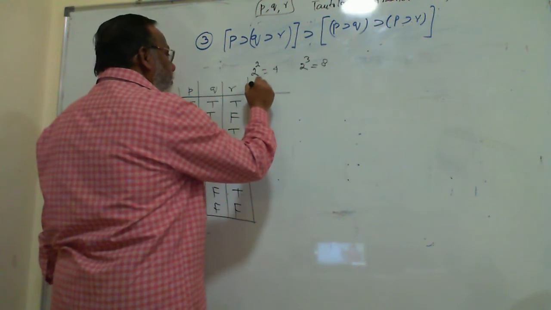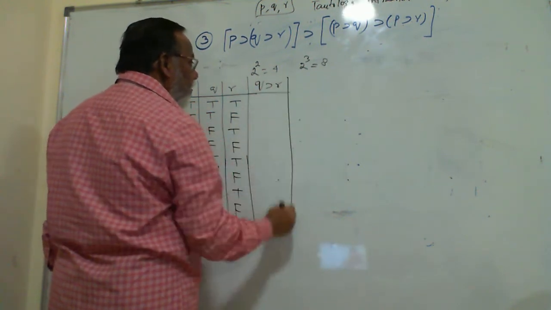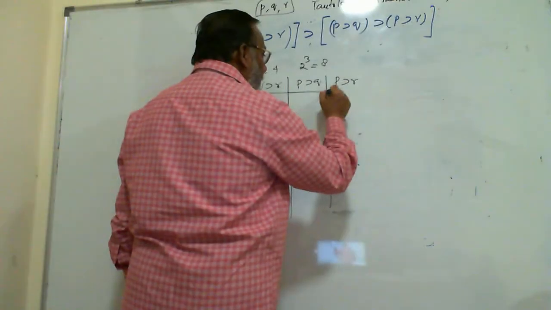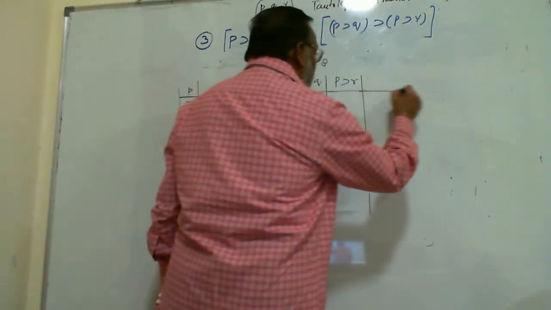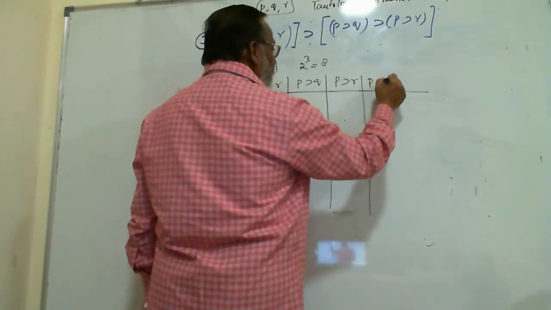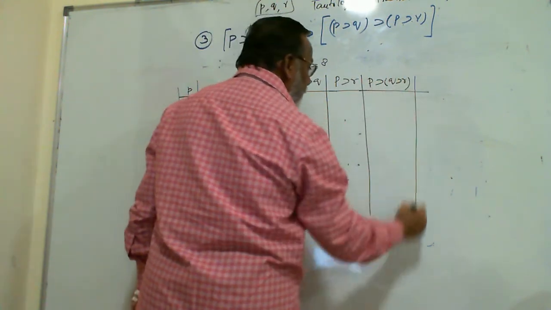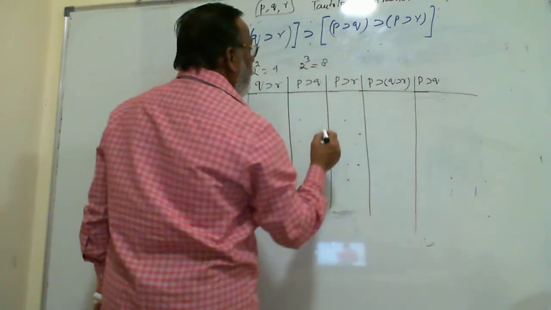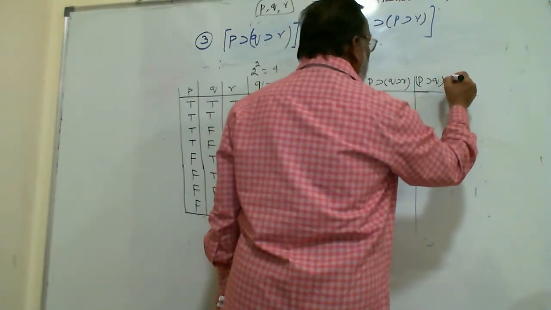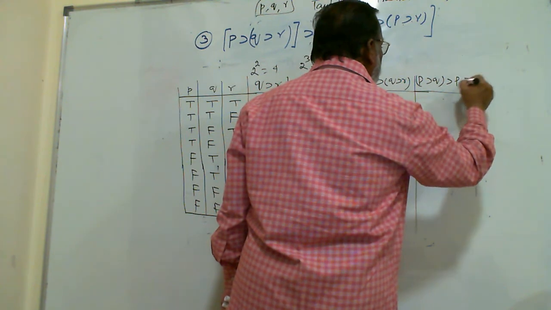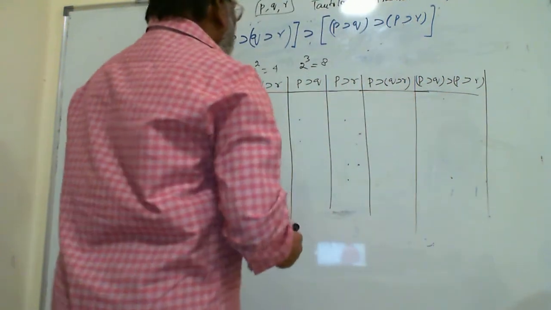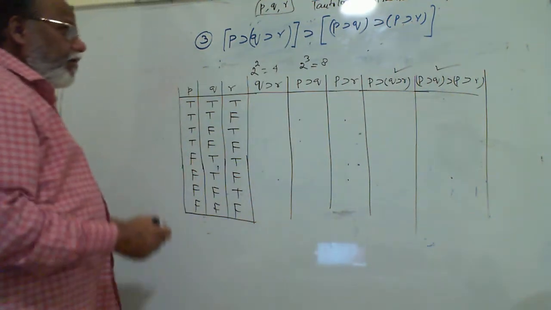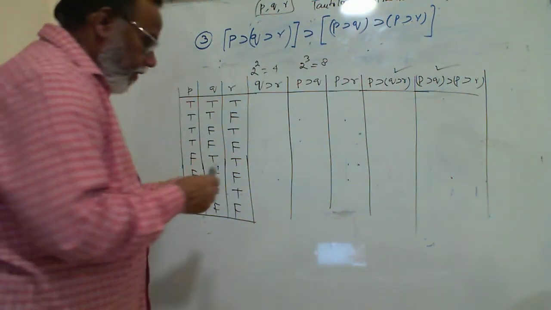So Q implies R, then I'll get P implies Q, then P implies R, and then accordingly P implies Q implies R, then P implies Q implies P implies R, and finally the combination of these two with the implication. So let's now complete it.